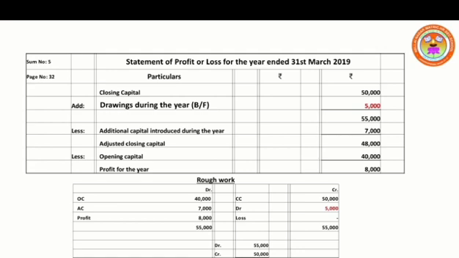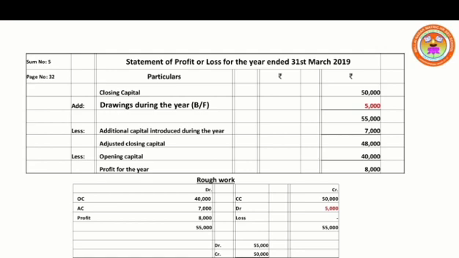OC, opening capital, 40,000. AC, additional capital, 7,000. Profit, 8,000. Move on to the credit side. CC, closing capital, 50,000. Drawings is the missing figure, leave it. Since profit is available in the question, in the loss column put a hyphen.